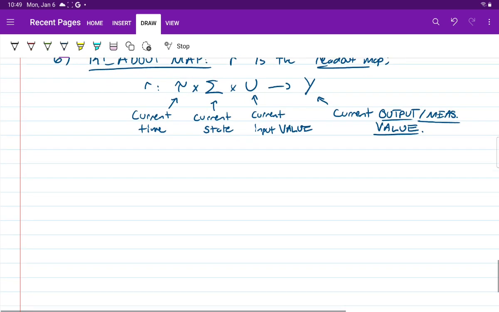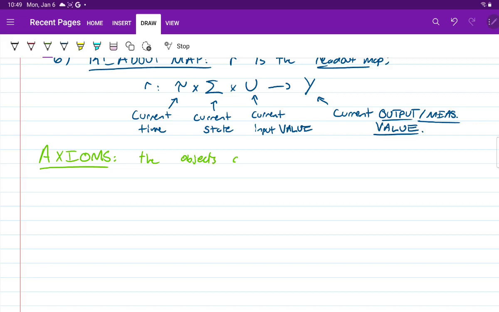So let's outline some axioms. The objects above must satisfy the following. First, we're going to have something called the time axiom.